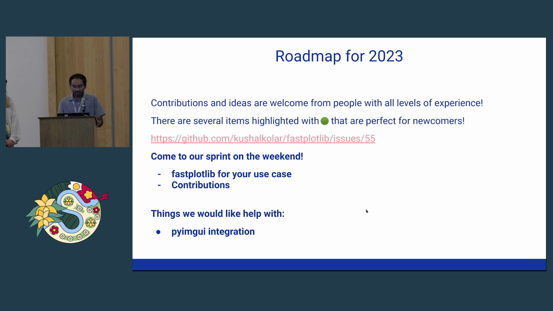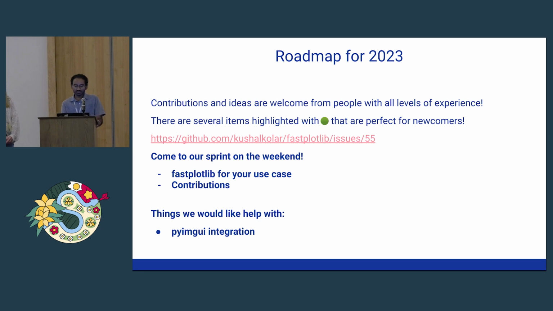And we do have a roadmap that we want to try and get through by the end of the year. And we are running a sprint this weekend. So we're here until late Sunday afternoon if anyone is interested in trying to contribute, because it's in a very early stage, so it's pretty easy to get into, or if you're interested in using Fastplotlib for your use cases.